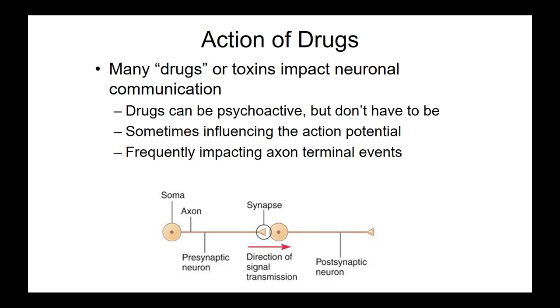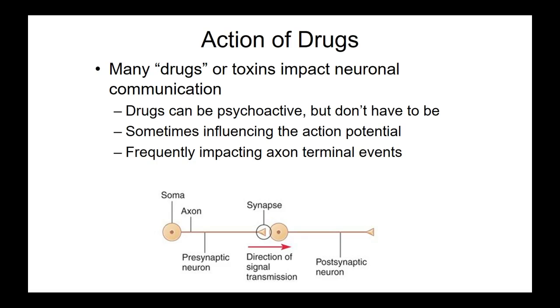So they're basically causing the resting membrane potential to get closer to the threshold or further away. That's a lot of times what they're doing. And they do that by affecting neurotransmitter release in many cases, or neurotransmitter binding, or the amount of neurotransmitter in the synapse. All right? And so they influence a lot of those events.